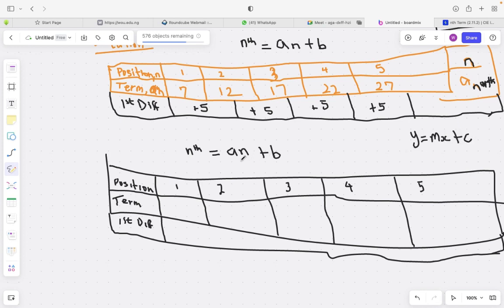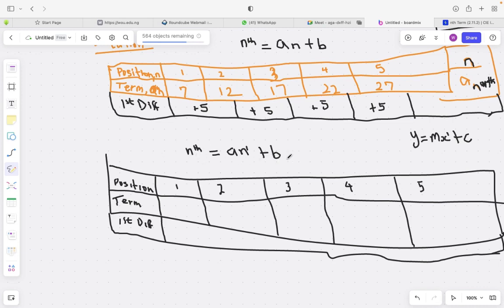They're similar. Every linear function is like this. Every linear function, meaning it's an arithmetic function, the highest power of n is 1, so it doesn't have more than 1. So a represents the gradient, n represents x, and b represents c. They're the same. The nth term represents y. So it's a linear function.